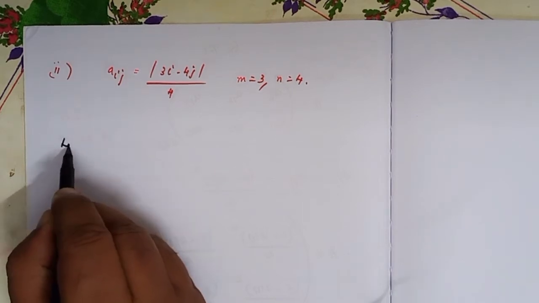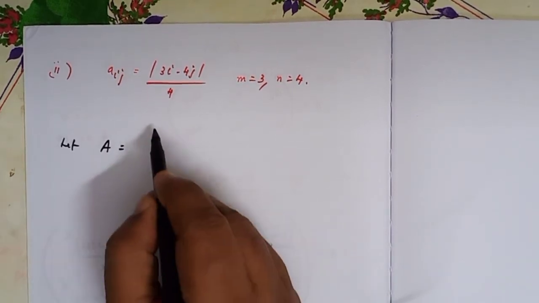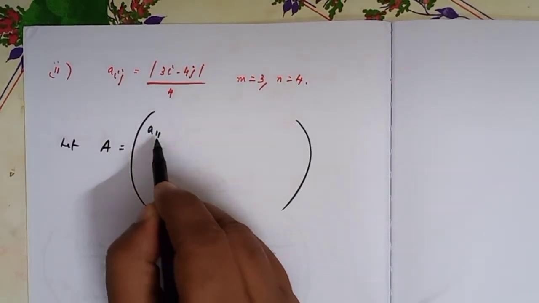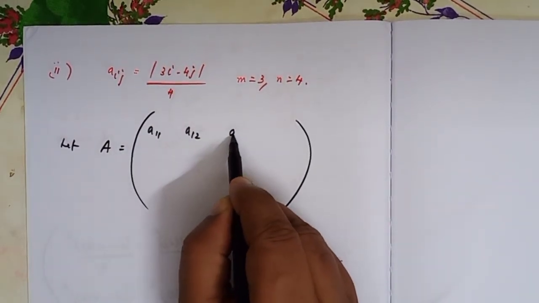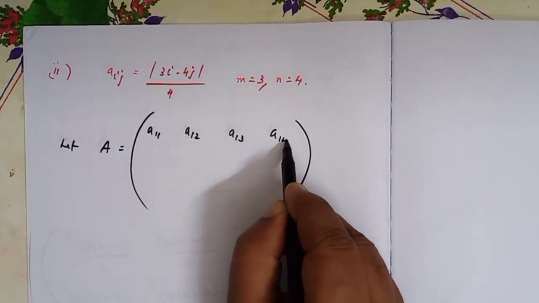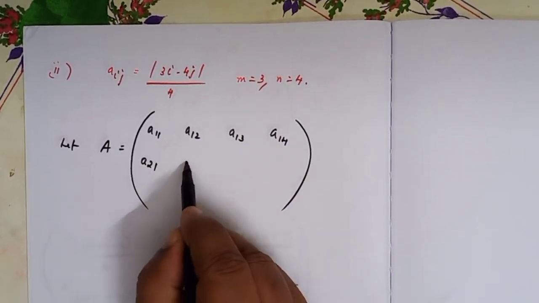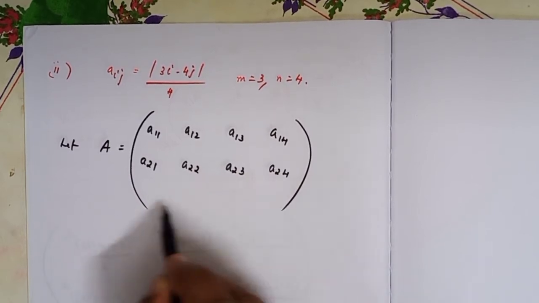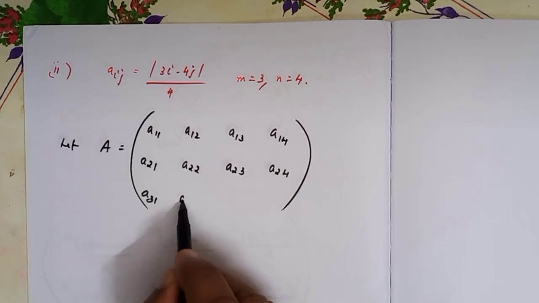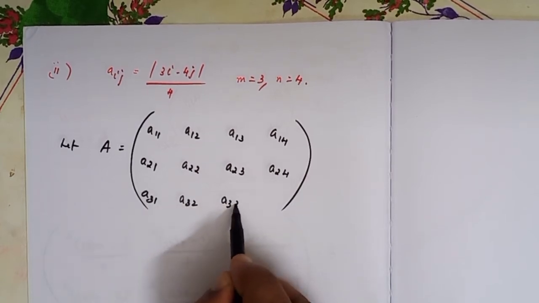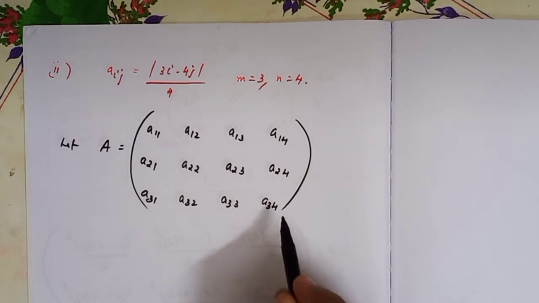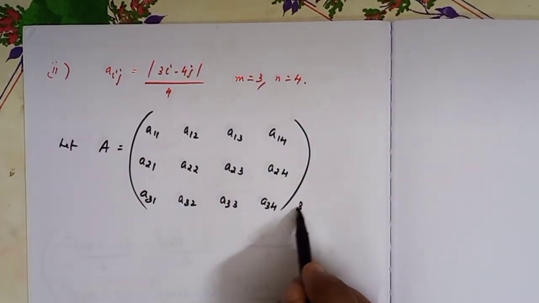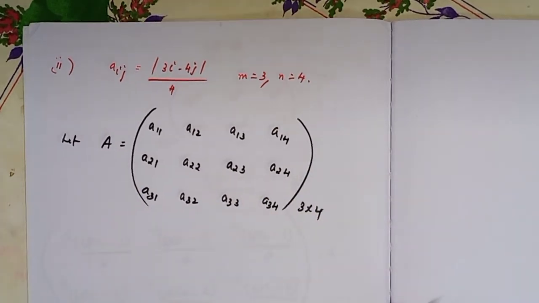So let A be equal to the 3 rows 4 columns matrix: A11, A12, A13, A14, A21, A22, A23, A24, A31, A32, A33 and A34. Look at that last number, 34. So 3 rows, 4 columns. 3 by 4 matrix has been constructed.